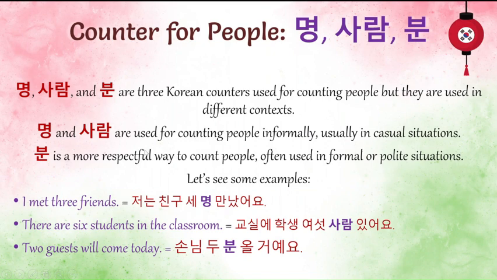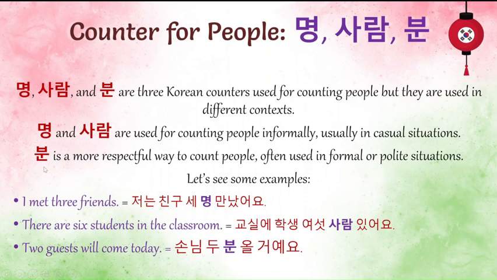명 and 사람. They are used for counting people informally. Usually in casual situations, you use these 2 counters while counting people. Okay, and among 명 and 사람 also, 명 is more commonly used. Remember this, right?